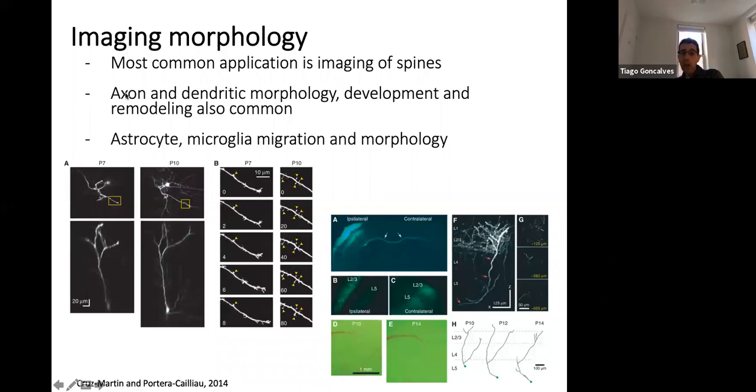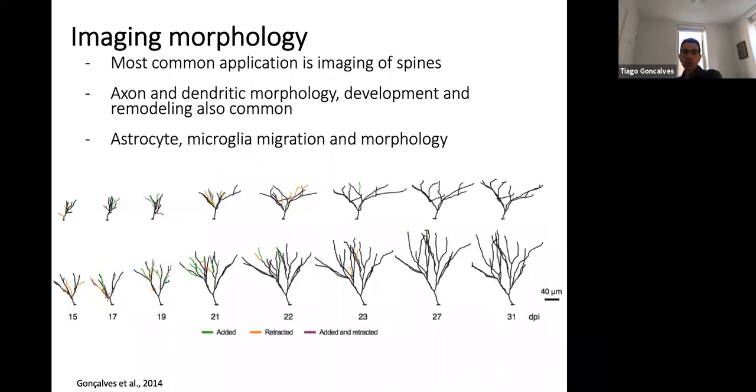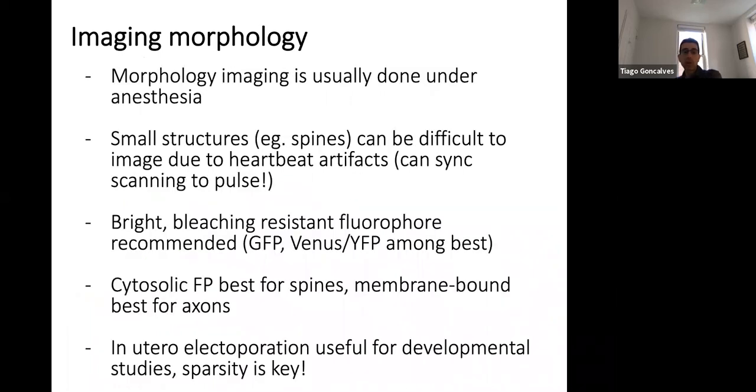You can also image axon and dendritic morphology, axon development, remodeling. You can image microglia migration, for example, inflammation, morphology. This is an example of spine imaging, axon imaging. Another example is the dendrites, where you see these day in, day out.